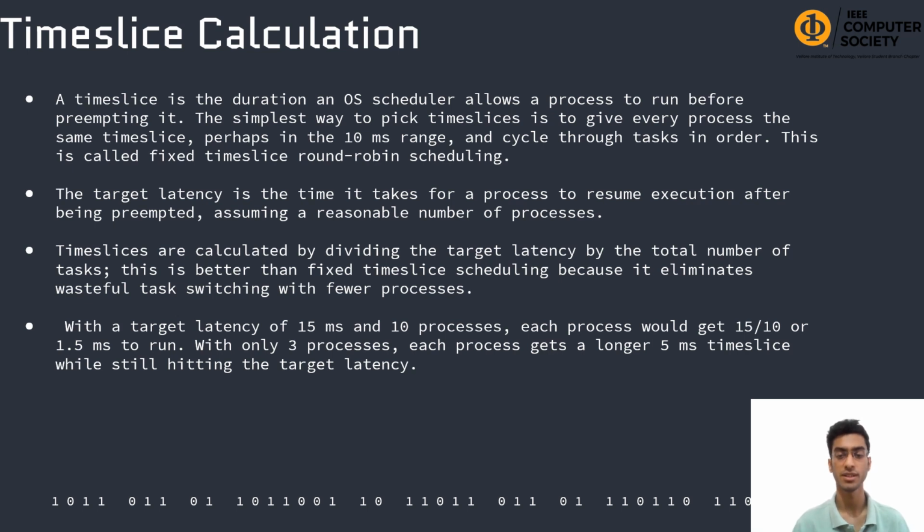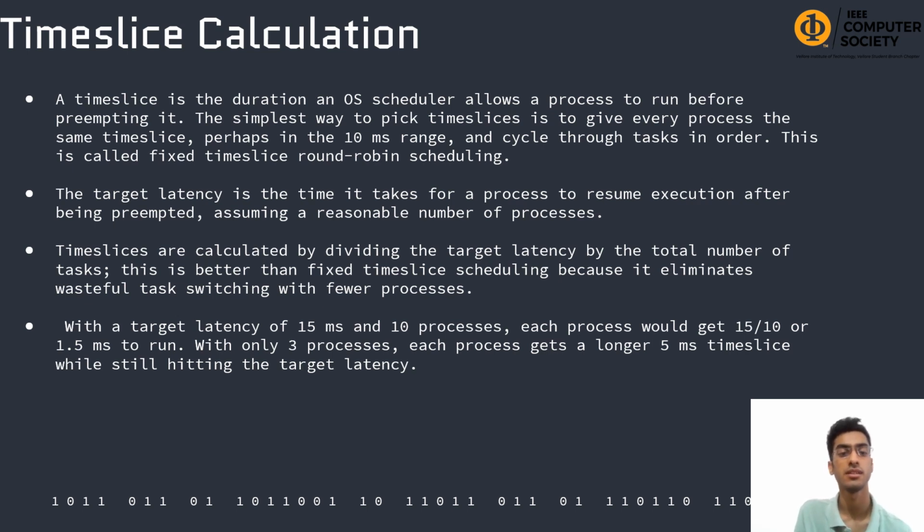However, a slight improvement on this could be using target latency. Target latency is the time it takes for a process to resume execution after being preempted, assuming a reasonable number of processes. So, time slices are calculated by dividing target latency by the total number of tasks.